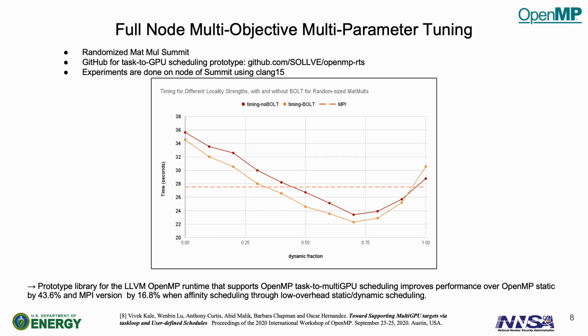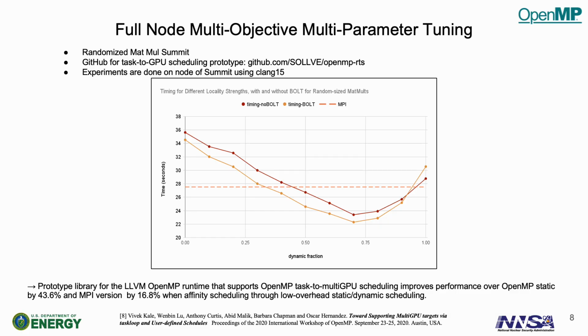In more recent work, I've tried to minimize the overhead of this dynamic task to multi-GPU scheduling in a similar manner to what I did for the multi-core scheduling I showed earlier, all the while optimizing the coordination across the CPU and GPUs. Additionally, I'm trying to use an OpenMP task to GPU scheduling strategy which must inherit many of the aspects of CPU-GPU tuning mentioned in the previous slide.